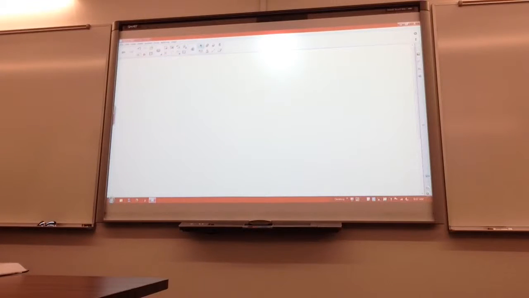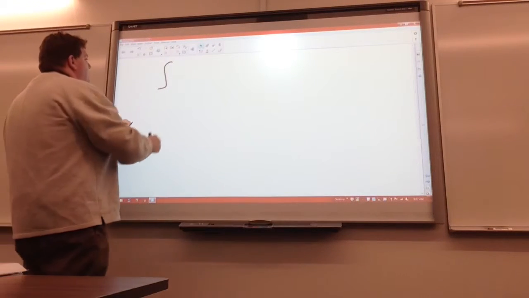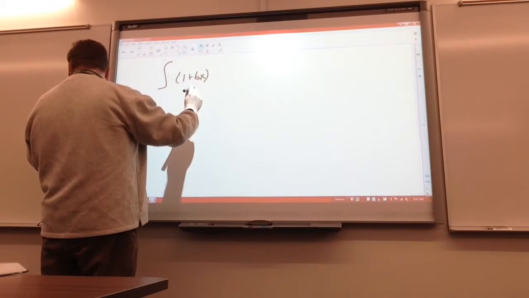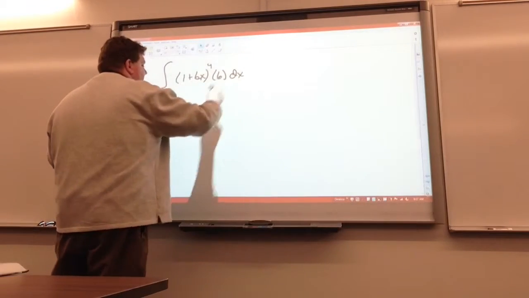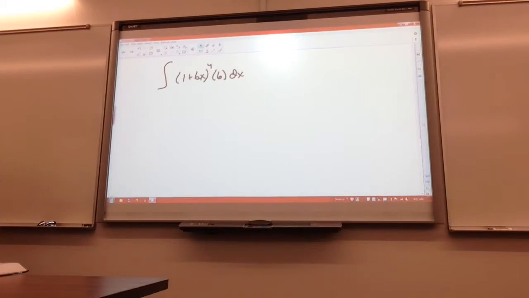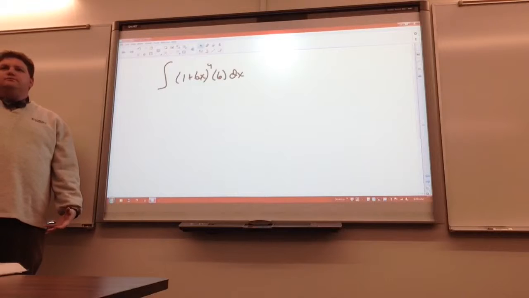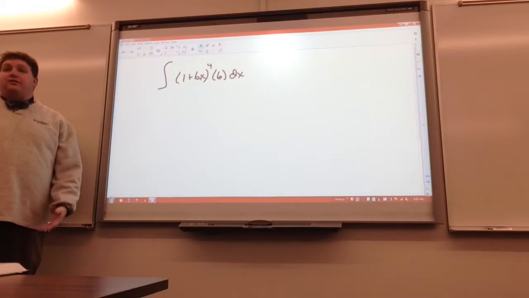So, looking at the homework from last night, all the problems were ones in which we were doing that sort of thing. If we look at number 11, the very first problem, we had the integral of 1 plus 6x to the 4th power times 6 dx. The idea here is I want to identify something to be u, and then see if the derivative of u exists also in the function.